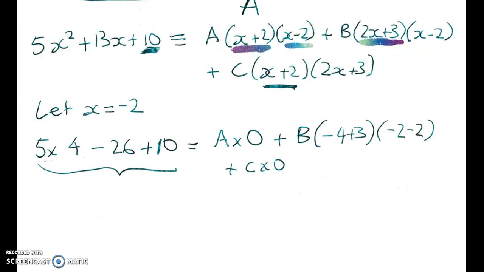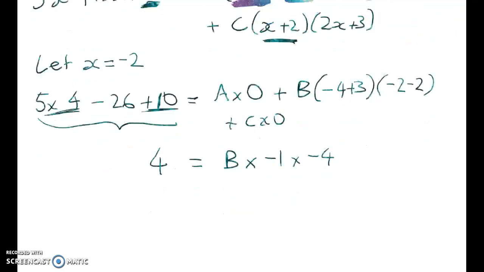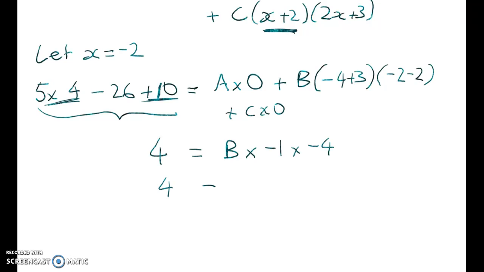What have we got over here? Well, 20 plus 10 is 30 minus 26 gives me 4, so 4 is equal to b times negative 1 times negative 4, generating 4 equals 4b, so b is equal to 1.